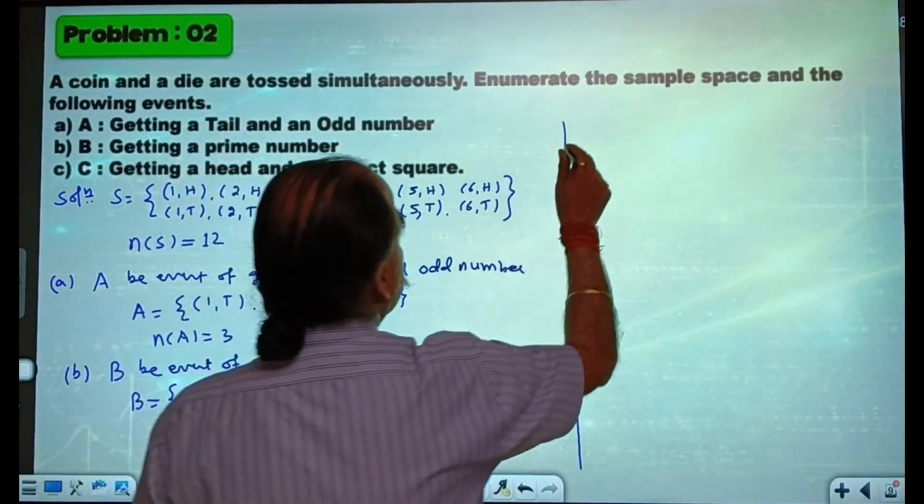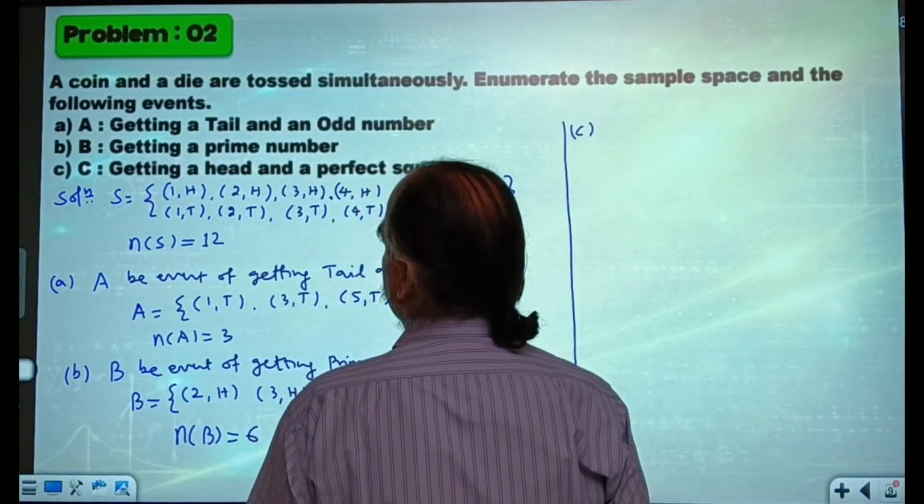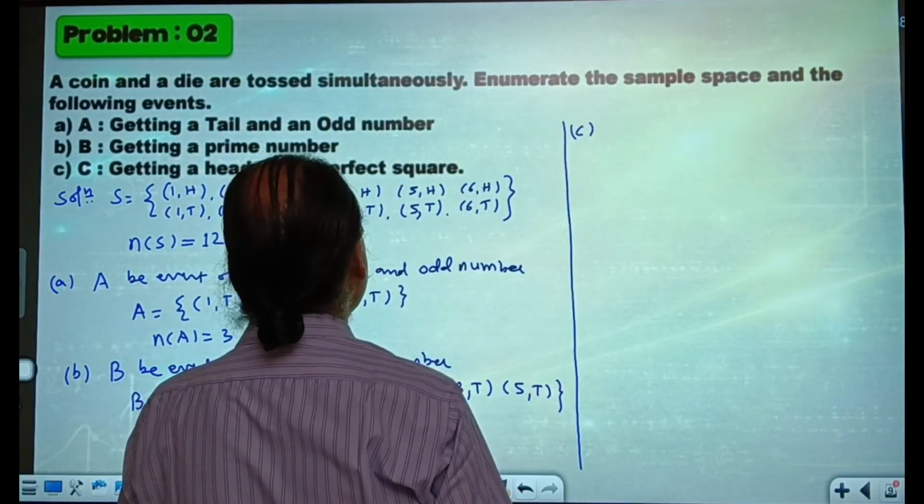And the third part is what? Getting a head and a perfect square.